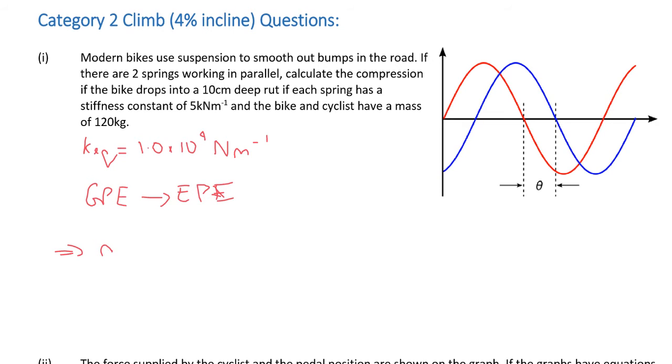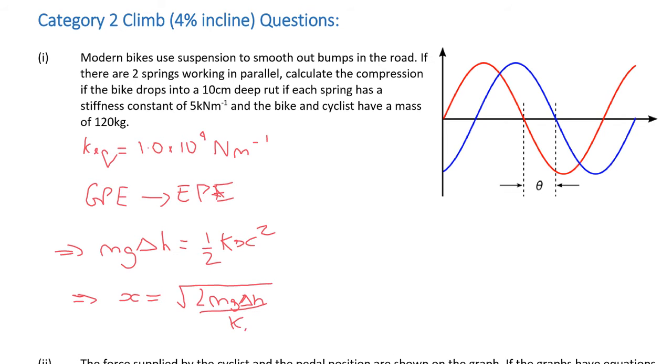which means that mg delta h is going to be equal to half kx squared. We wanted to know how much it was compressed, so we want to rearrange to make x the subject. So we're going to have 2 mg delta h all over k, the equivalent one.